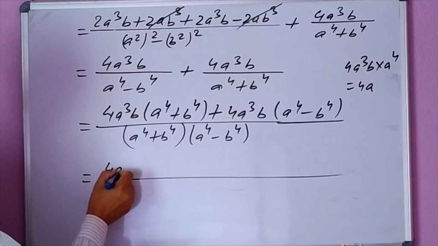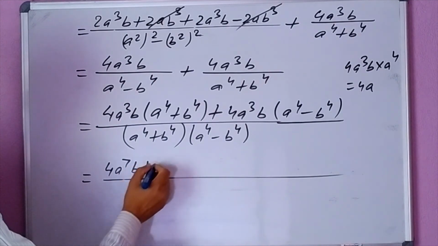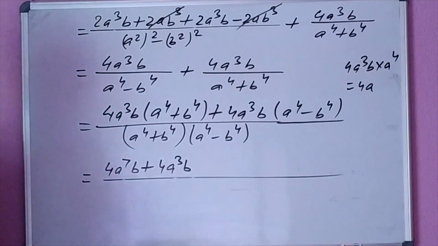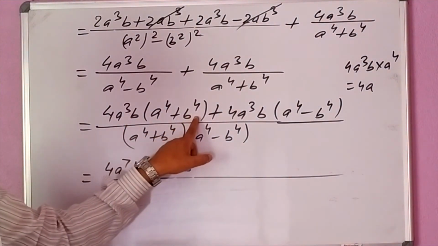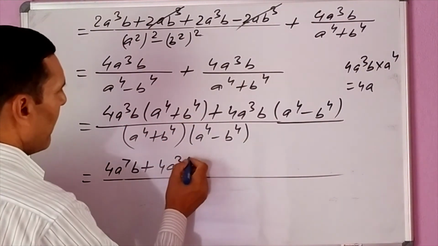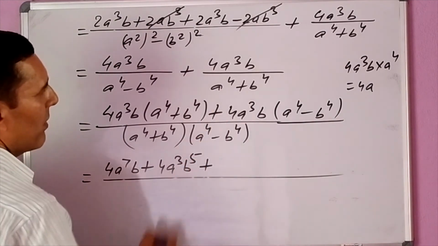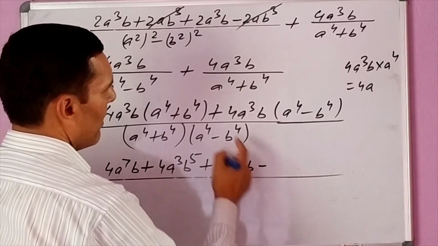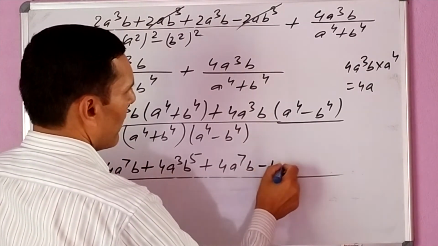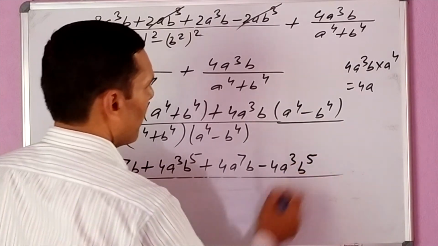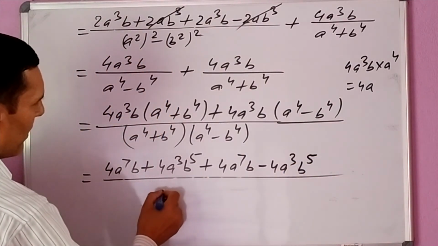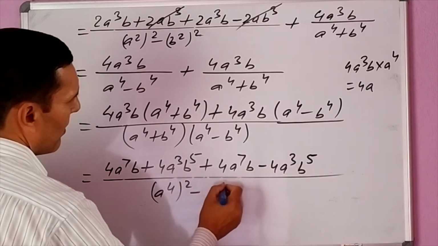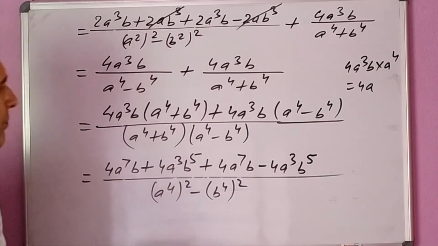So 4a to the power 7 b, plus 4a cube b into b to the power 4, b to the power 5, and there also 4a to the power 7 b minus 4a cube b to the power 5, upon (a plus b)(a minus b)(a square minus b square).